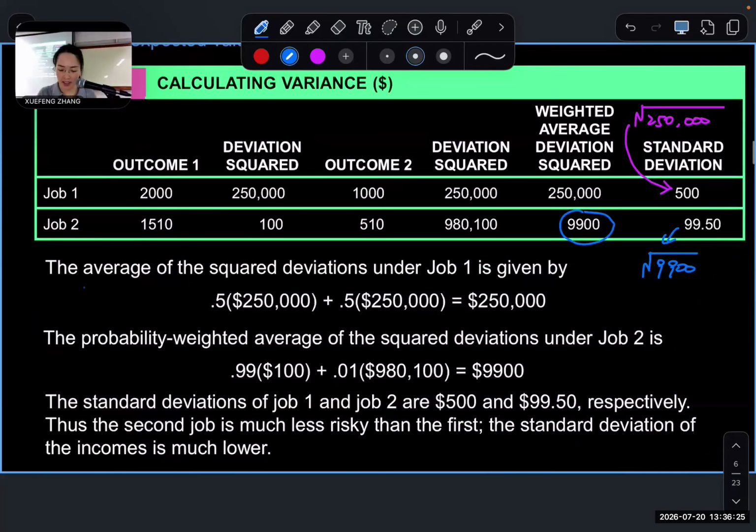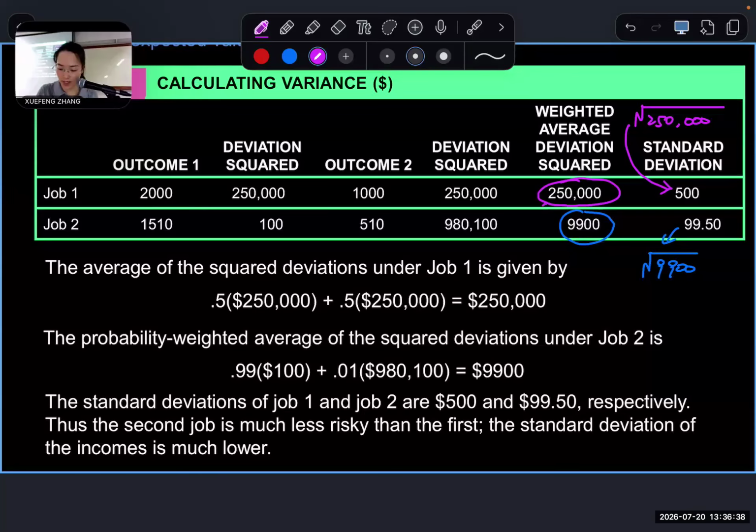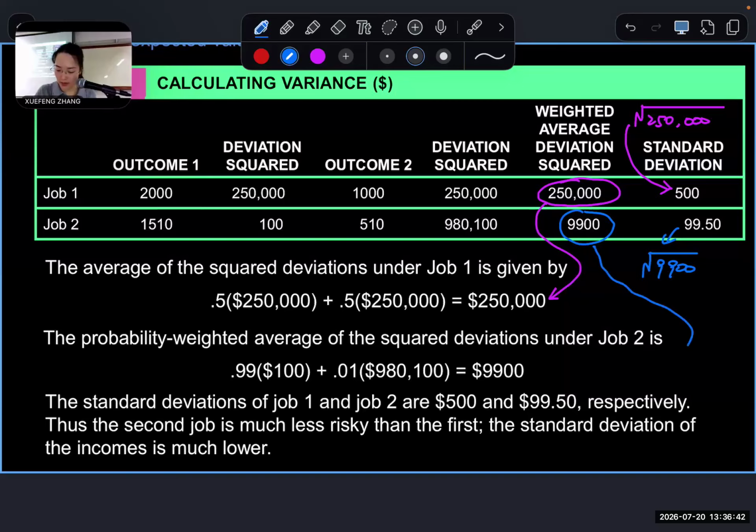So here, the first one, see here, how we get 250,000. Okay, this is how. And for 9,900 is this, right? Okay, let's see.